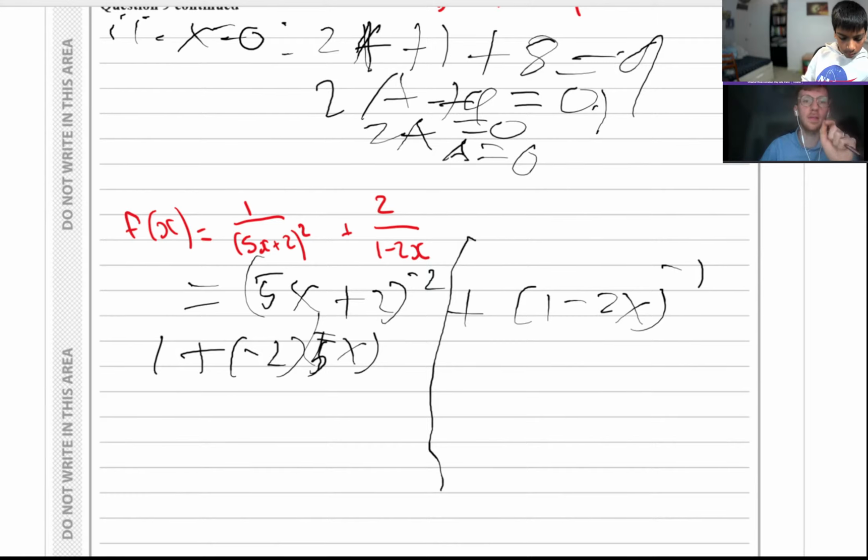Yeah, so because it's 5x plus 2, we need to do something so that it's 1 plus something. So we can bring out the 2 to the power of minus 2, excellent, that's a quarter.